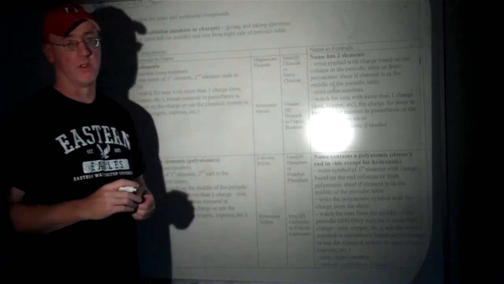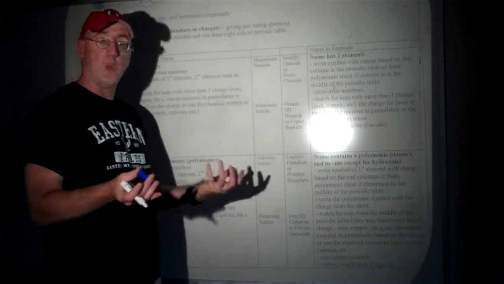And for that second one, again, the reason why I like to crisscross the numbers is to verify those charges, make sure they're correct or not. And I know a lot of people did this in their head last year, and that's fine. But the question you're asking yourself is, is iron a 2 plus, and is the Cl a 1 minus? We already know the Cl is a 1 minus from the previous one.